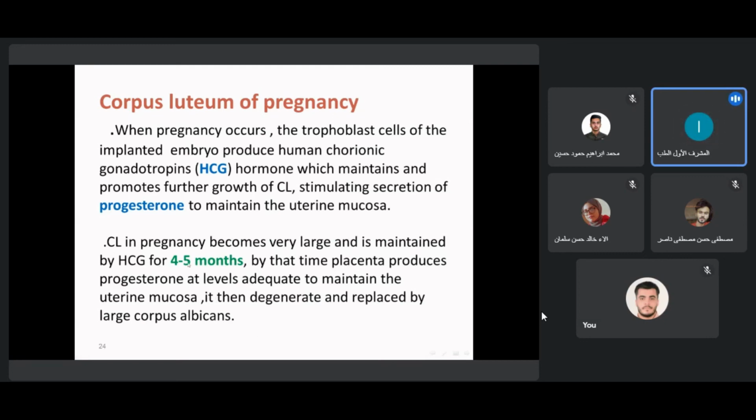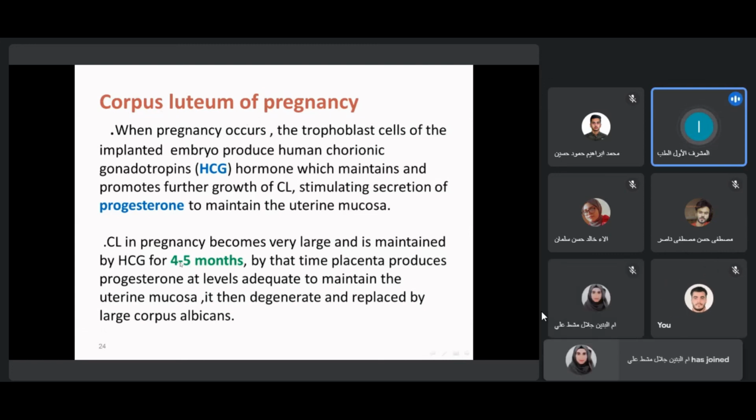So, after this time, the corpus luteum, which we called the corpus luteum of pregnancy, which lasted for 4 to 5 months, is no longer needed. So it will degenerate and be replaced by a corpus albicans also, but it's different from the corpus albicans of the menstrual cycle by being larger in size.